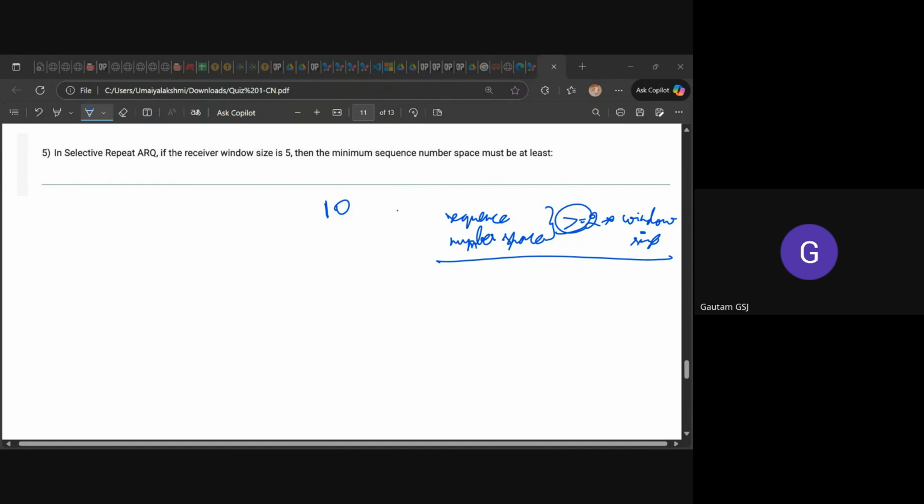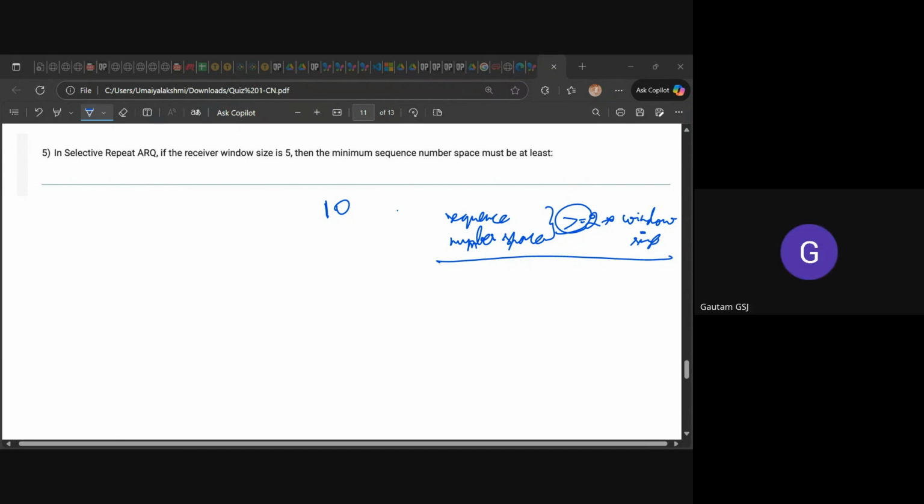Let's say there is an issue in the third packet. Since it is selective, it initially sends the first 5 packets, and the third packet has an issue. Why can't it again send packet number 1? Why should you start with 6? My question is regarding the size of the sequence.